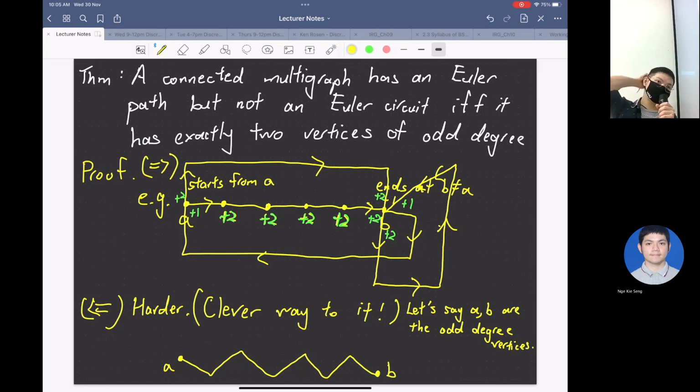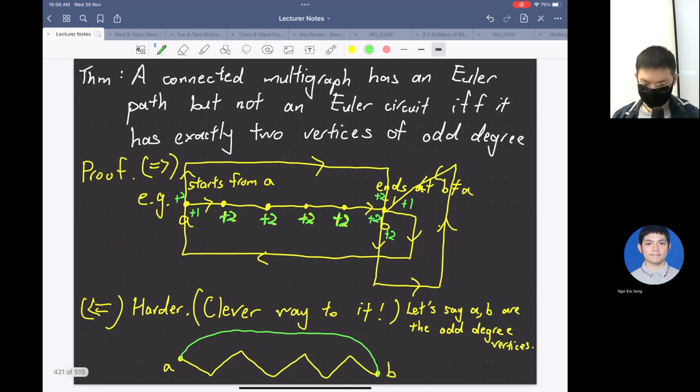To use the previous theorem, you need to make sure all the vertices are even. So you join the 2 odd degree vertices. You consider a larger graph by joining the 2 odd degree vertices. Then they become even degree.